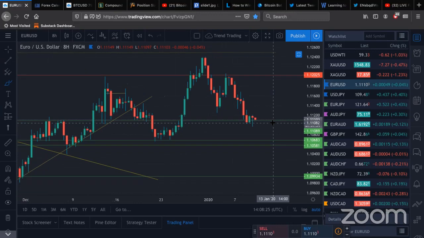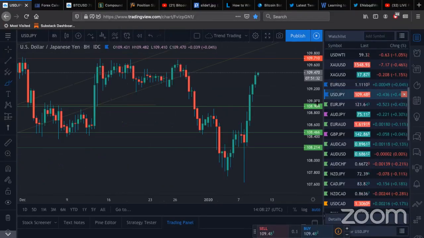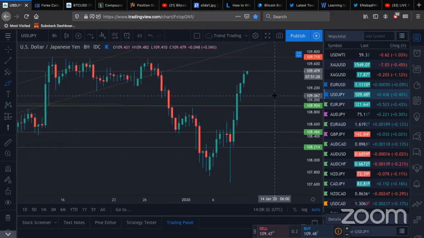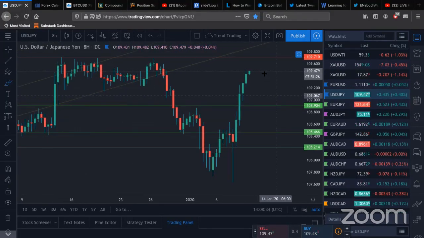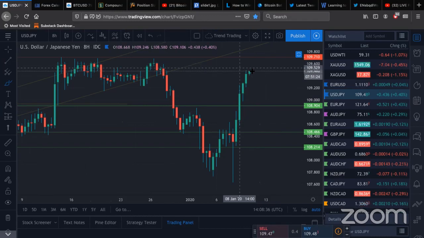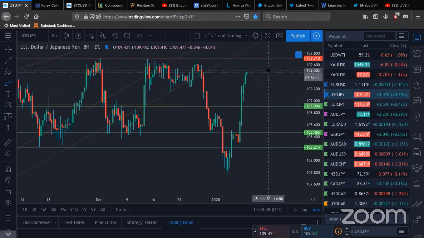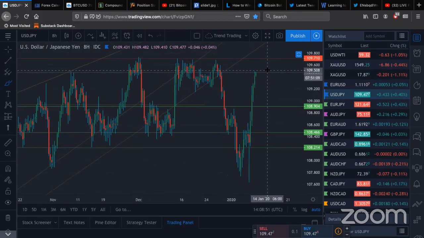I got into a trade last night long the US dollar, Japanese yen, and we're coming up to a point over here. We have a bunch of overhead resistance over here. So I'm going to be watching that this morning and then decide whether to take profits or lock in my stop.